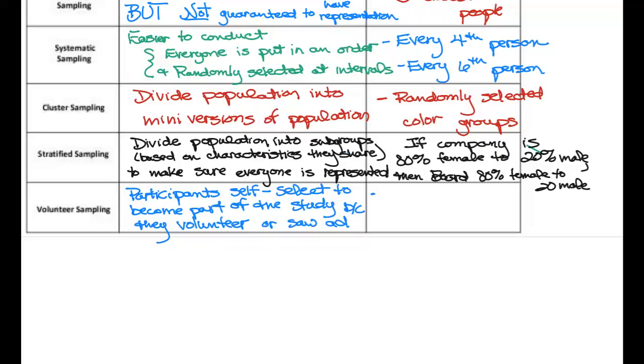So an example of that would be if the psychology department, and this often happens on college campuses, psychology department offers $25 to students to volunteer for a study.